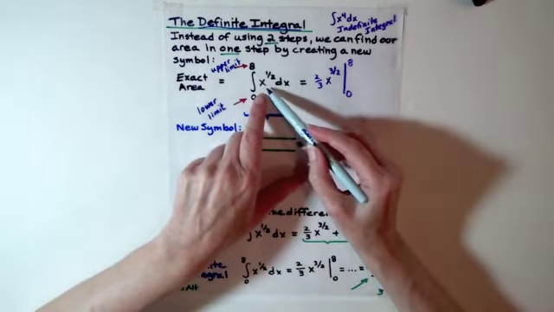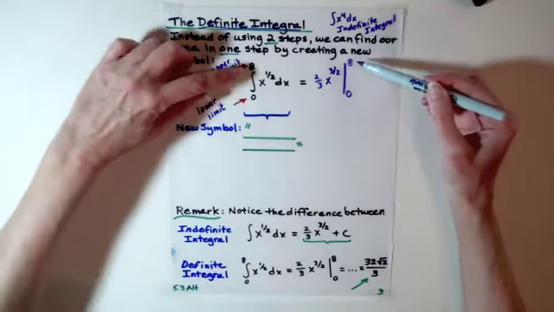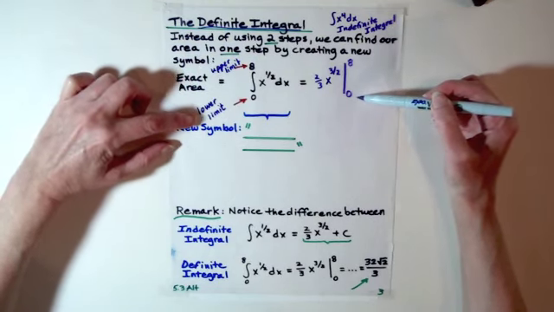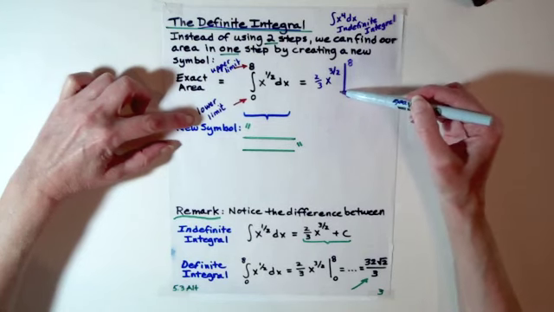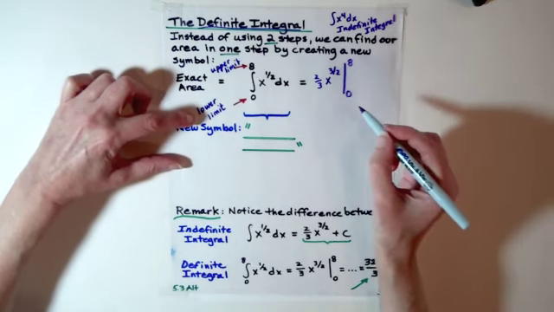So we find the antiderivative. That's right here. We draw a vertical line with our upper limit at the top and our lower limit at the bottom, and that reminds us that we still have to evaluate this antiderivative at 8 and then subtract the value at 0. So that's what we do next.